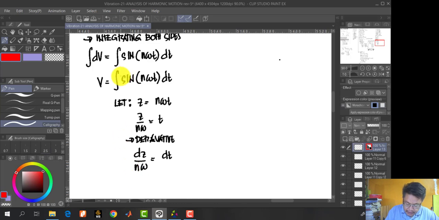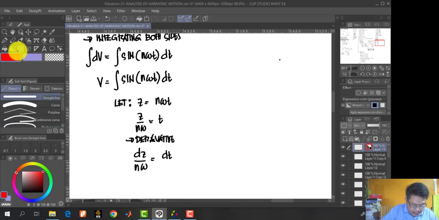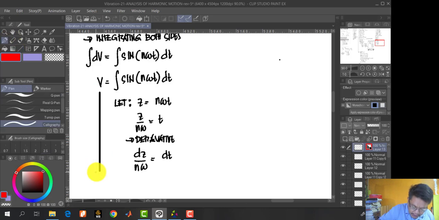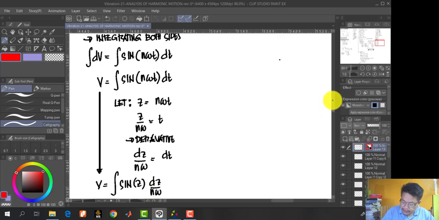Then I can substitute here. Let's put an arrow so you can follow along. So my v now is equal to sine of z, and the value of my dt will be dz over your n, angular velocity.